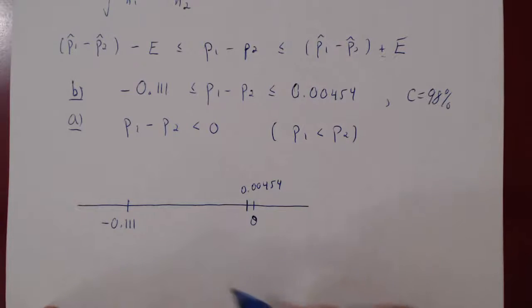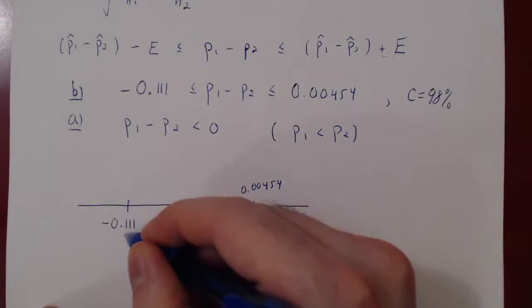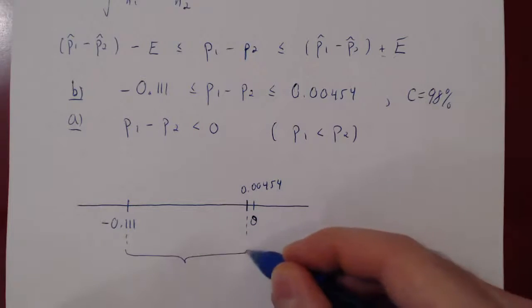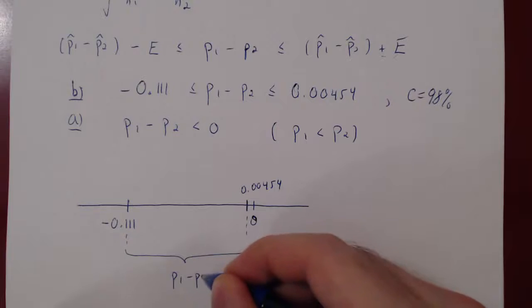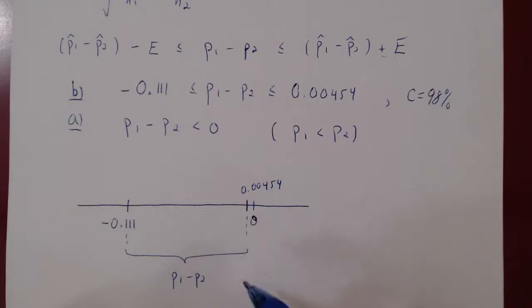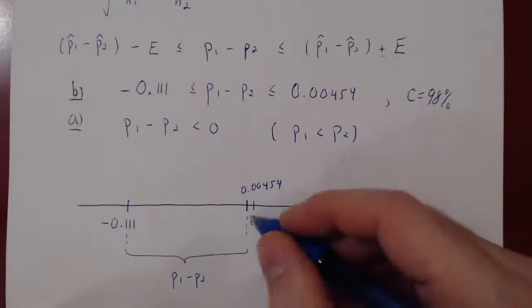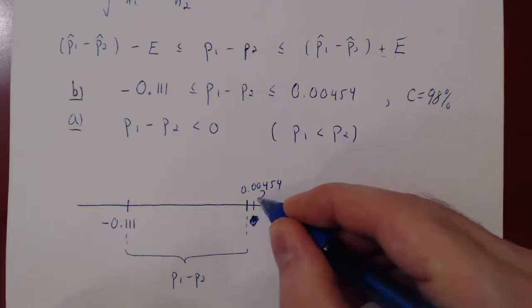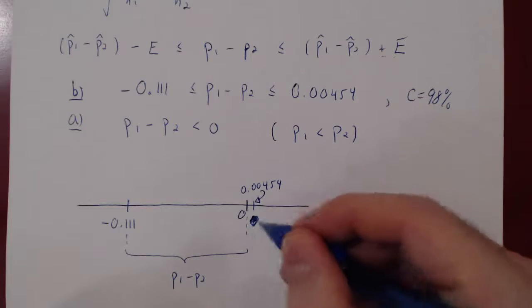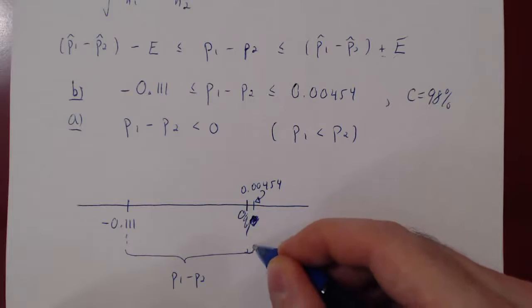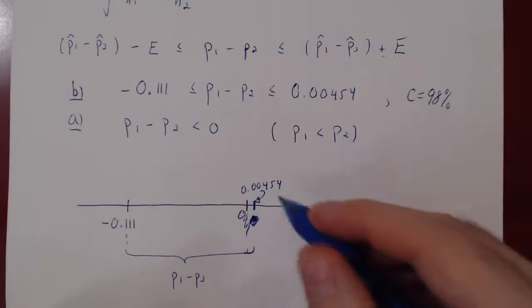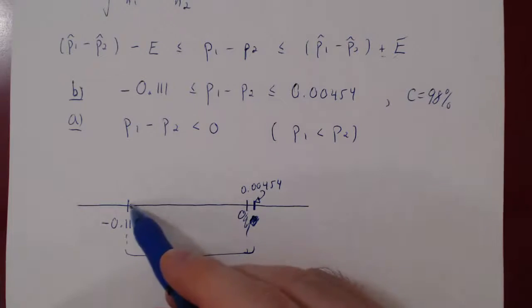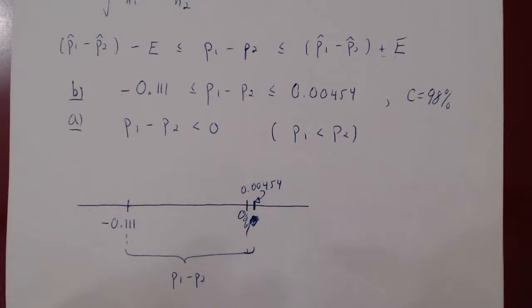And so we are 98% confident that the true difference between P1 and P2 will lie in here. Oops. Sorry, this is positive, so I've actually reversed them. So this is the value here, slightly bigger than 0, and this is 0. So our interval goes all the way up to this value, 0.00454, slightly bigger than 0. So this is our 98% confidence interval.